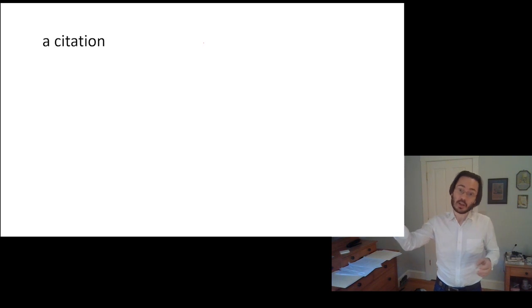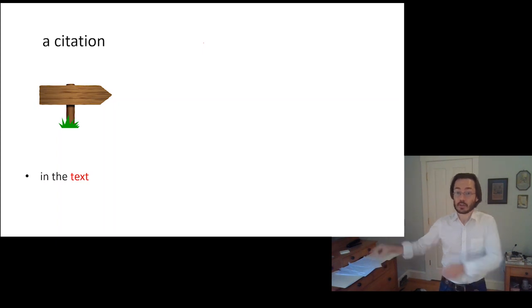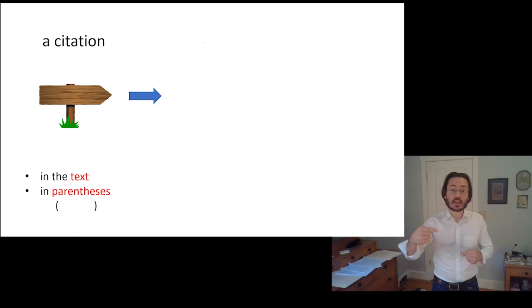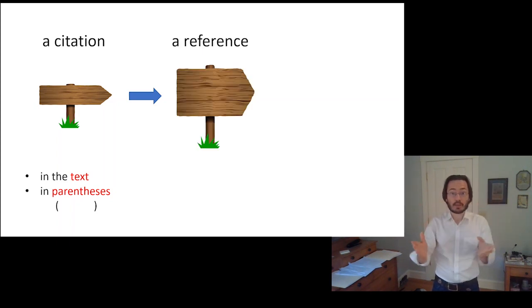Okay, so I'm hoping this has given you a basic understanding of what those three words mean: a citation, a reference, and a source. Just to summarize, a citation, what is it? It's like a little sign that we find in the text of the article in parentheses. What does it do? It points us to the reference, which is like a larger signpost that we find at the end of the article in the reference list.